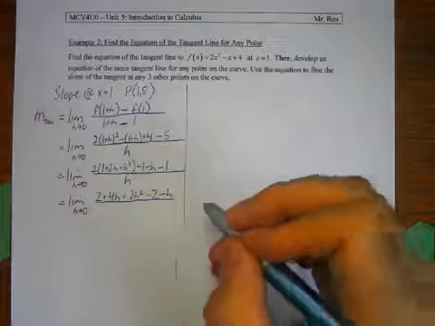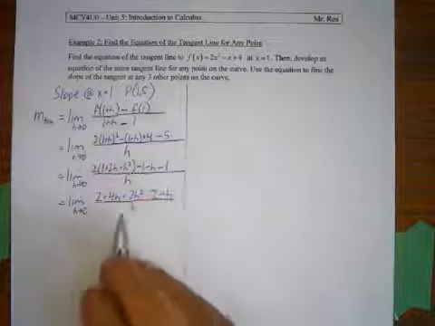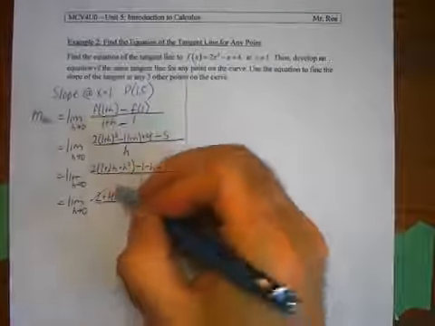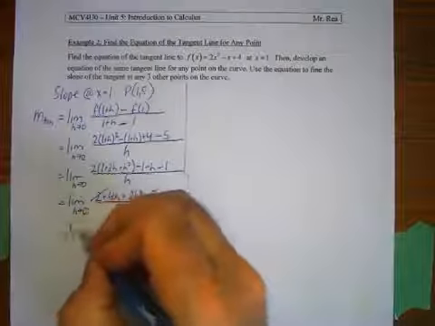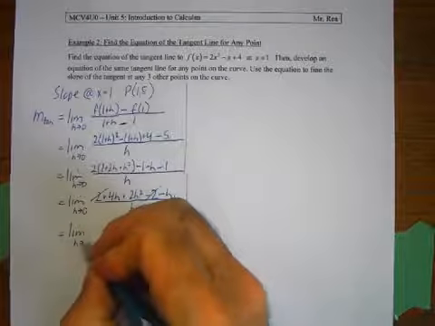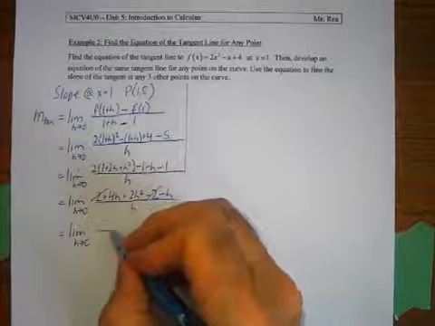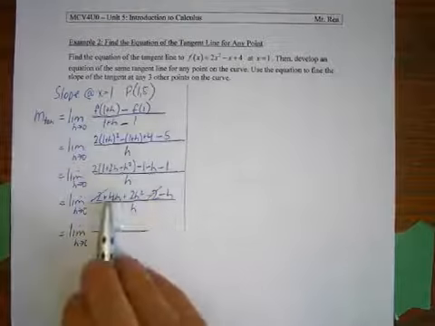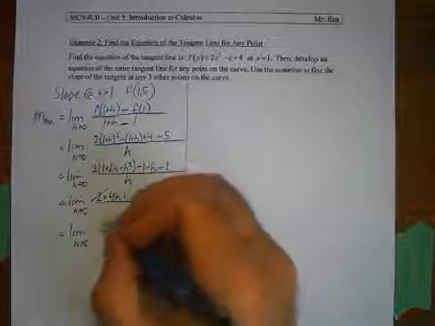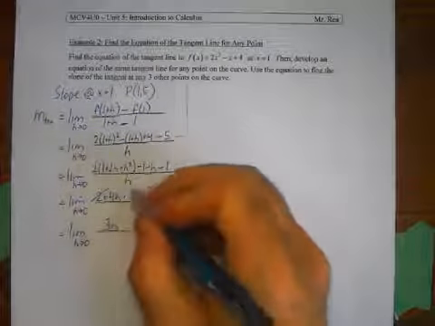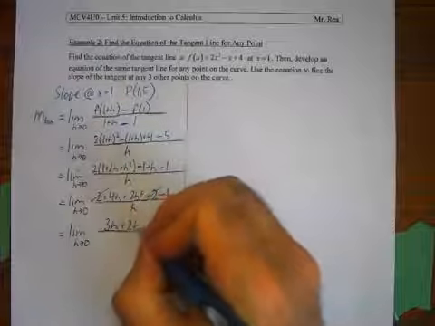And you can see I've got a 2 and a minus 2 here, so they're going to cancel. So you can see we're getting something more simplified at this stage. So what I have left here is a 4h minus h, so that's 3h, and I have a plus 2h squared all over h.